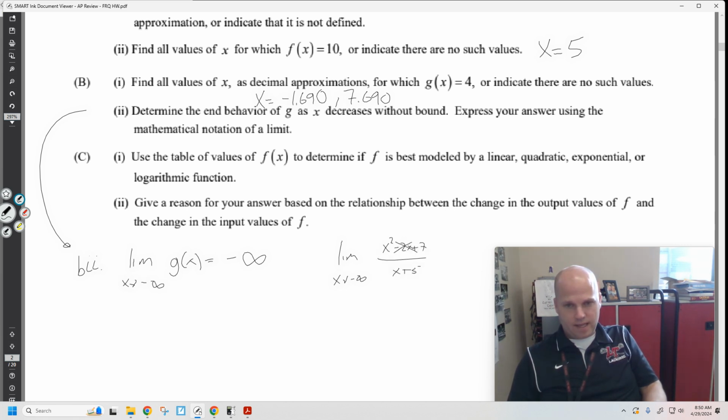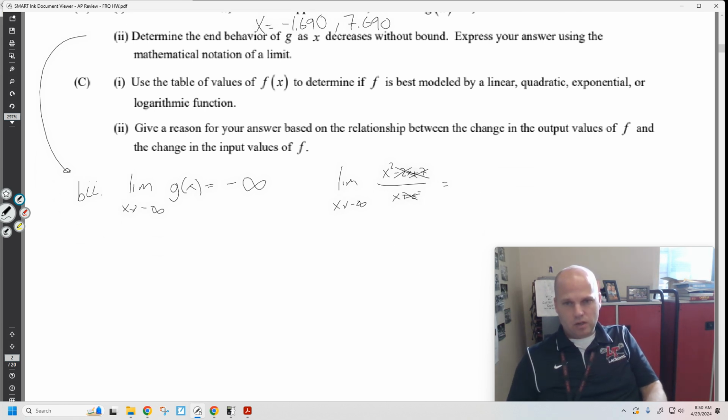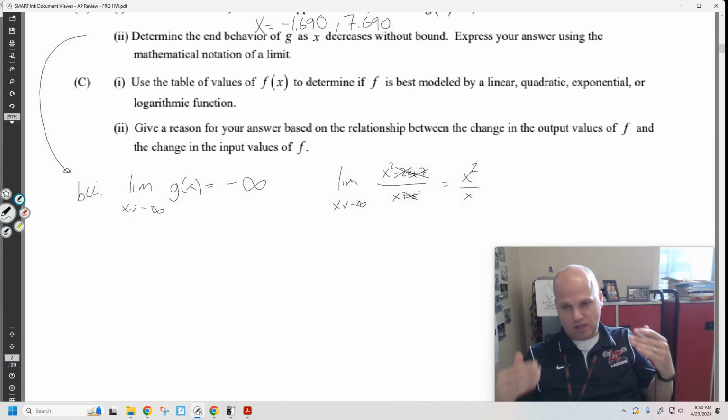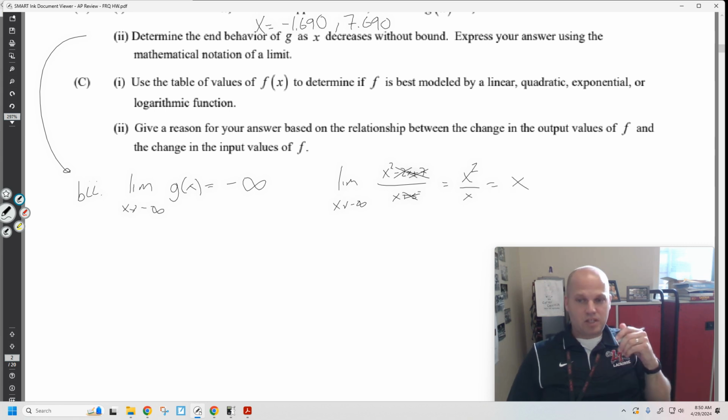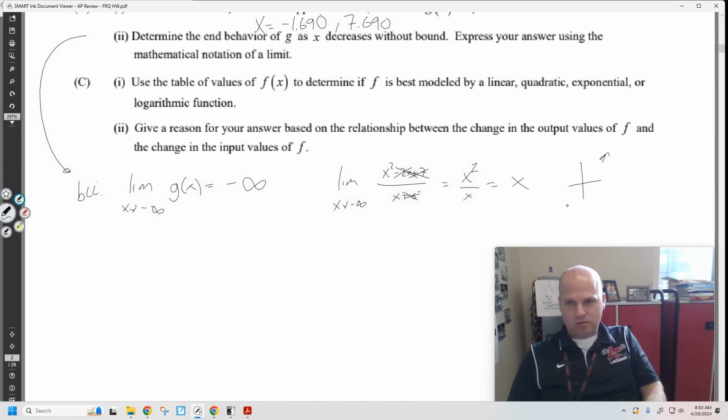You could realize that this doesn't matter, that doesn't matter. Your end behavior is going to be the same as x squared over x. You could actually divide to find the specific slant asymptote will be x minus a number or x plus a number. But you can see your end behavior is going to be the same as y equals x. Y equals x's end behavior is up and to the right and down to the left.